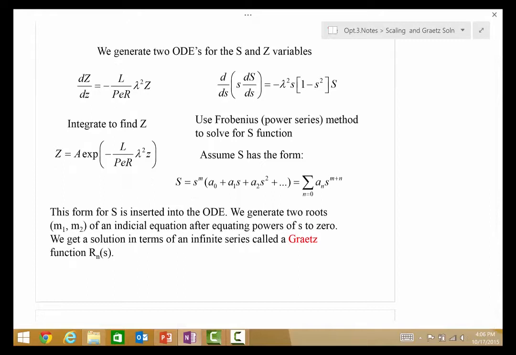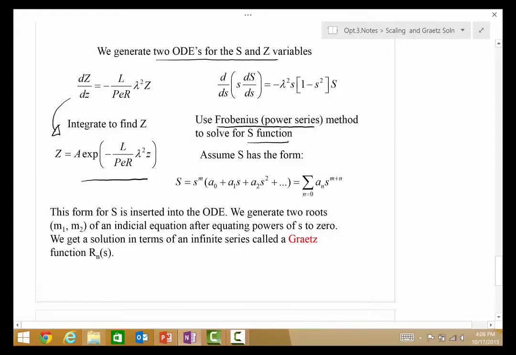So you're not responsible for the details of this. This is quite complicated actually, but it's good to know where this comes from. So again, two ODEs are defined in terms of the s and the z variables. We integrate the z dependence to get that there's an exponential decay in the axial coordinate, and there's a power series method called the method of Frobenius to solve for the s function.